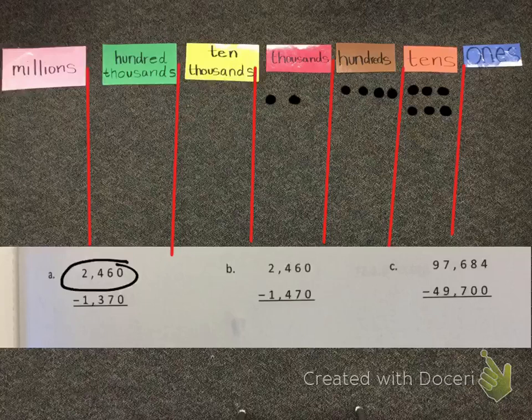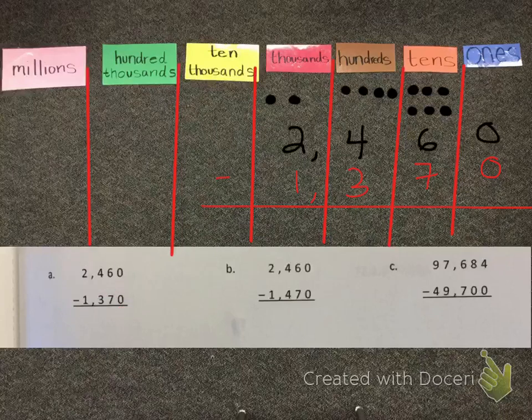And this represents 2,460. We're going to be subtracting 1,370 from that. So what I'll do is I'll work in my place value chart, and I'll work also alongside the standard algorithm.